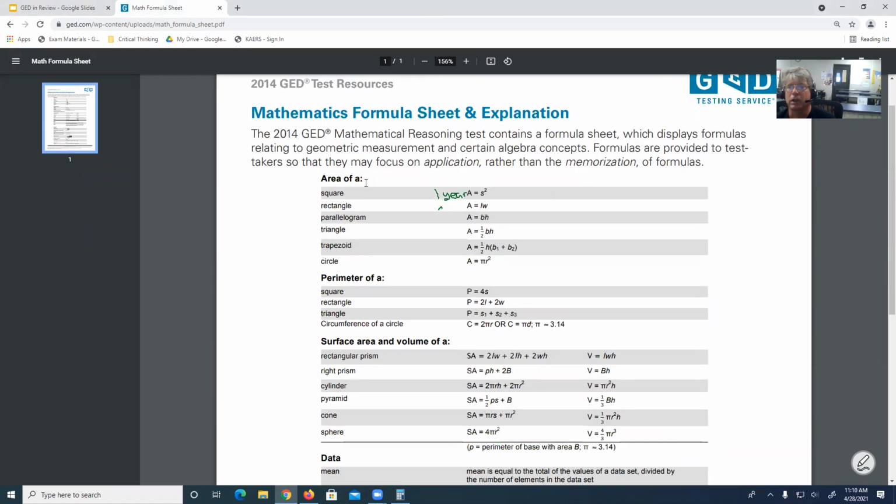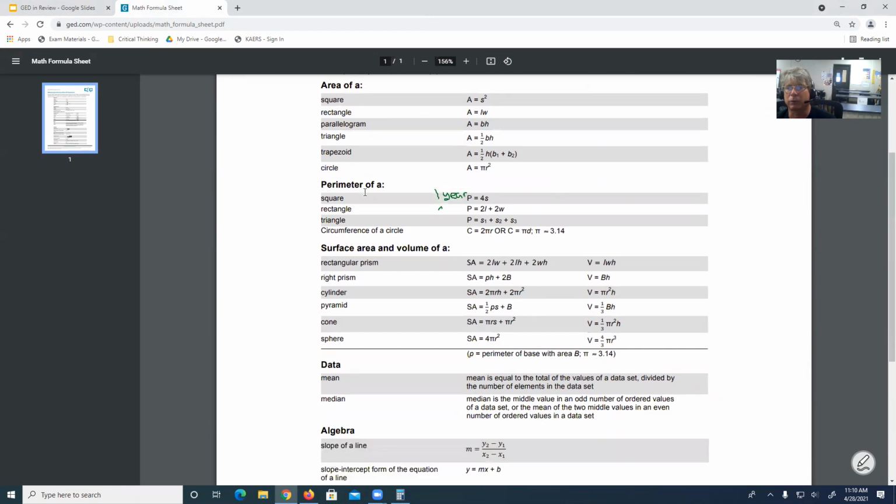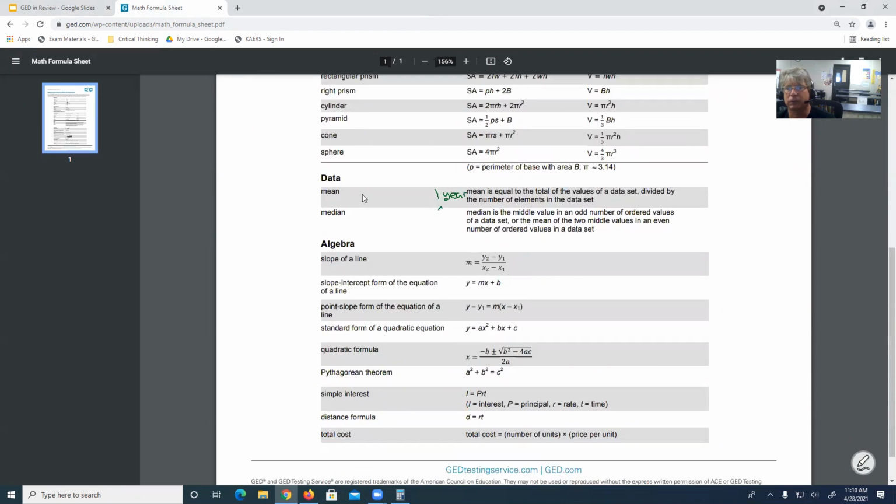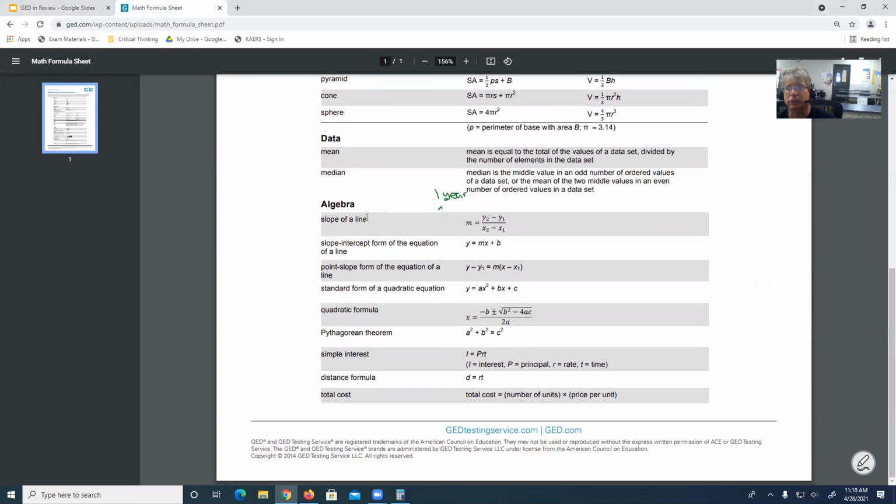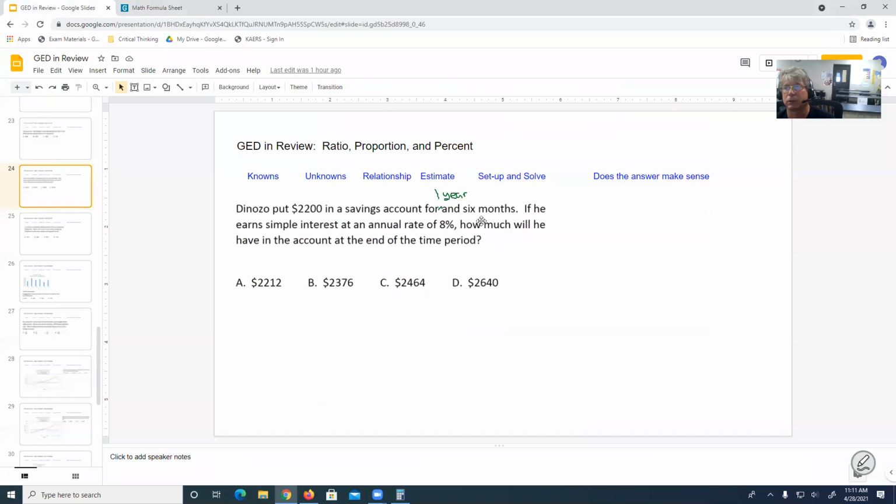You have area formulas, perimeter formulas, surface area, data formulas, mean and median, algebra, and tucked away down in algebra is a formula I equals PRT, where I equals interest, P equals principal, R equals the rate, and T is the time. So I have that formula that I have to transfer over to my problem.